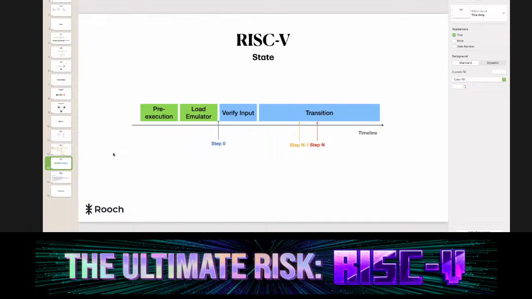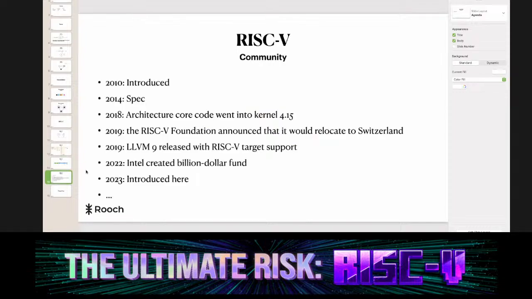Actually, in the first version of our emulator, we used MIPS for testing, to understand the whole process better. And in the next version, we will use RISC-V because of the community.